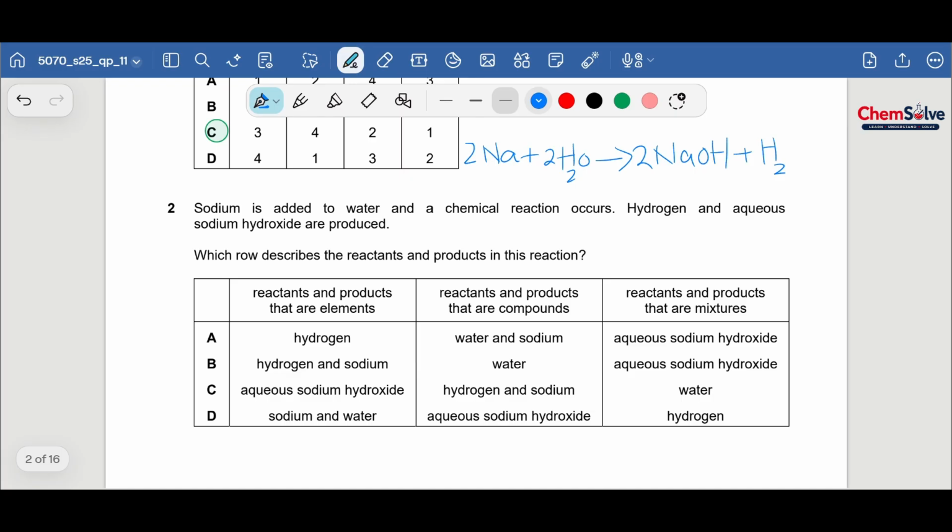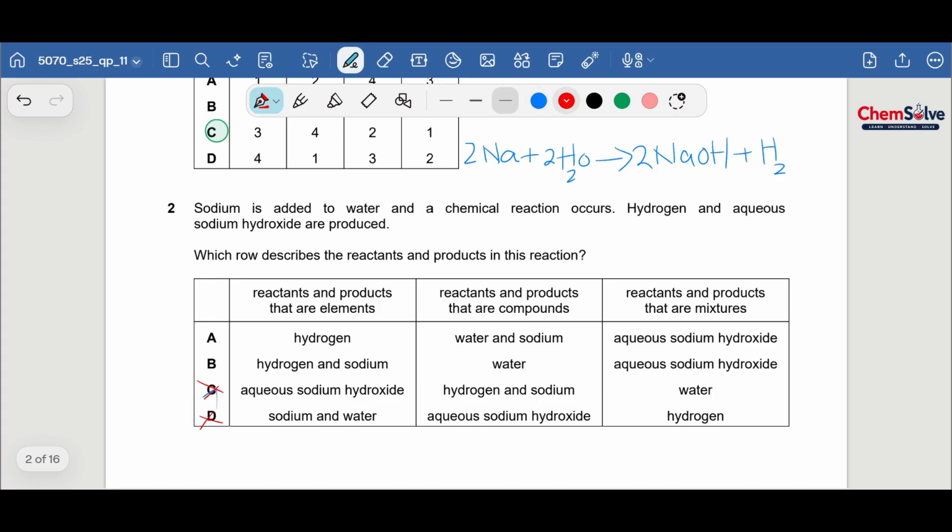So, I will look at the first column, reactant and the product that are elements. For option A, it is hydrogen, and for B, it is hydrogen and sodium. Aqueous sodium hydroxide, obviously not. So this isn't the correct option. Sodium and water: water is not an element, it's a compound. So this option is incorrect as well.